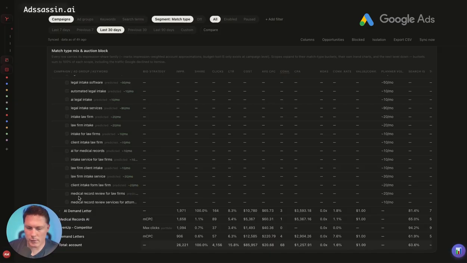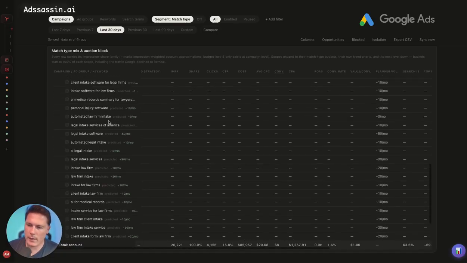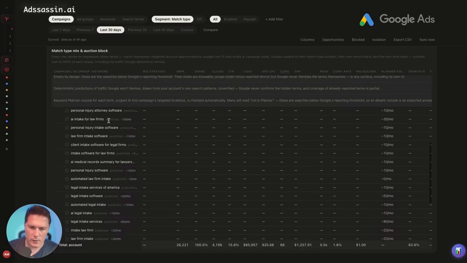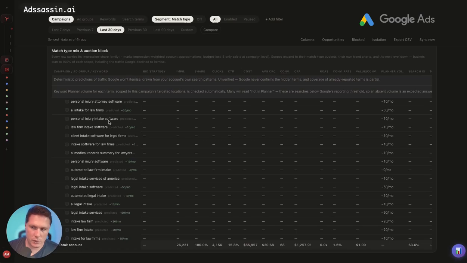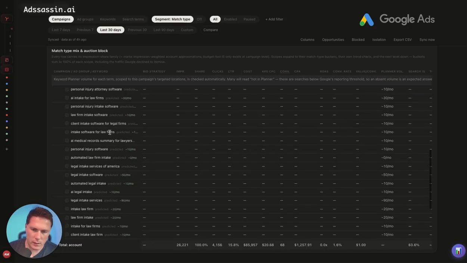Now, these other search terms are not sourced from Keyword Planner. They're basically going through my proprietary system to find those, and then these specific search terms are basically fetching the volume when it comes to that specific term.